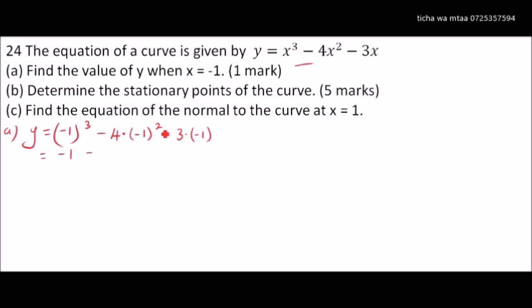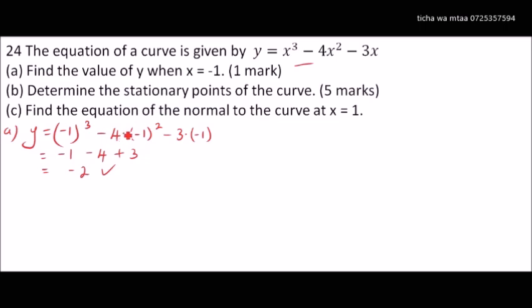Minus 1 squared is 1, so times 4 becomes minus 4. Then minus 1 times minus 3 becomes positive 3. So minus 1 minus 4 is minus 5. Minus 5 plus 3, you get minus 2. So that's how you are supposed to do that.